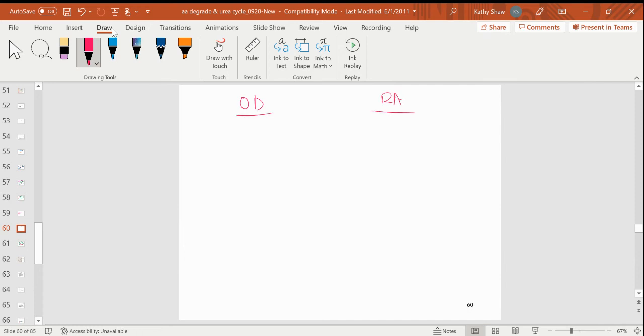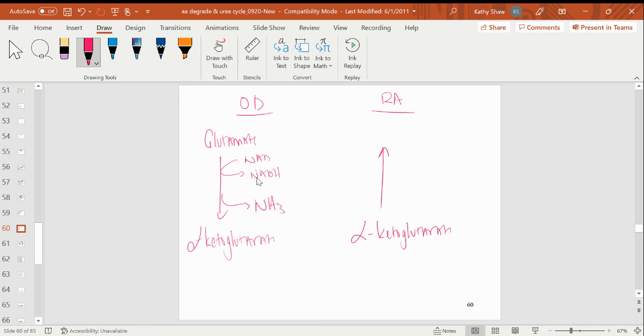In oxidative deamination, I took glutamate to alpha-ketoglutarate, took a free ammonia off, and reduced NAD to NADH. In reductive amination, I took alpha-ketoglutarate back to glutamate.